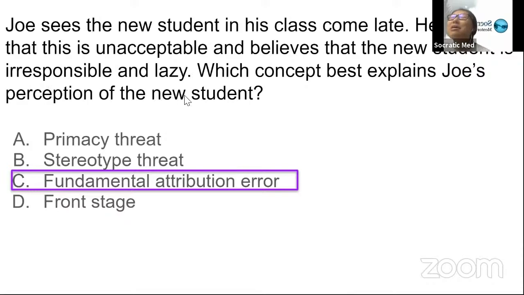So I guess that my example kind of related to this, but so the answer is C, the fundamental attribution error, because as I kind of mentioned before, the fundamental attribution error has a similarity with the actor observer bias that was mentioned in that question, where the fundamental attribution error focuses more on people believing that other people's actions are due to their personality or their internal attribution more than external causes.